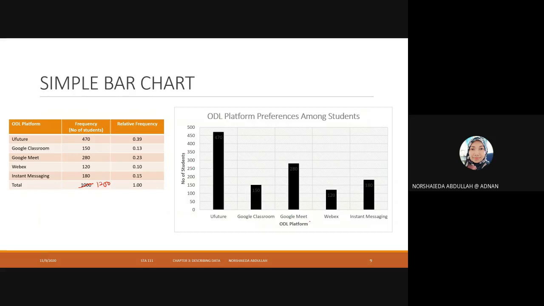So the ODL platform tu dekat X, and the frequency, the number of students, dekat Y. So maybe dia jadi vertical simple bar chart lah. You can also draw the bar chart as a horizontal bar chart, boleh juga. So kalau horizontal bar chart, the variable will be at Y and the frequency will be at X.